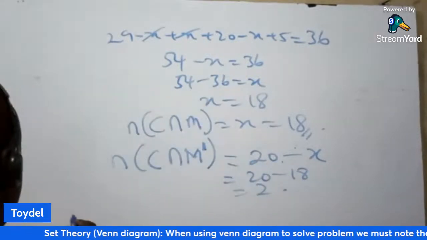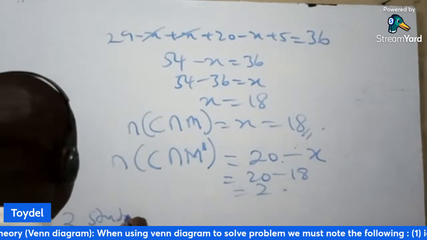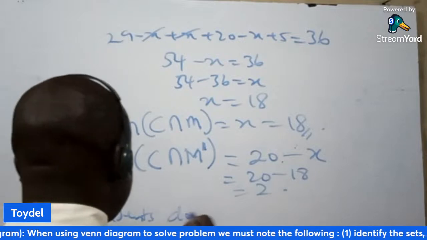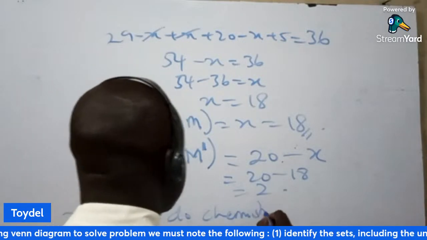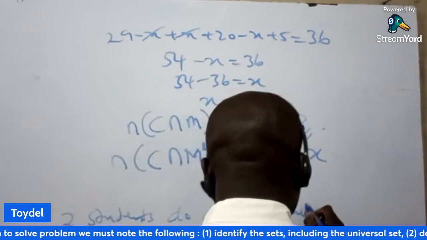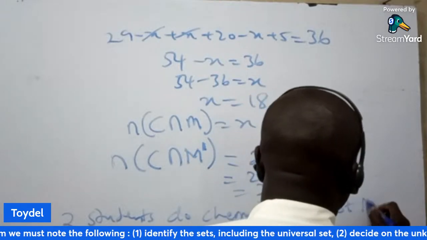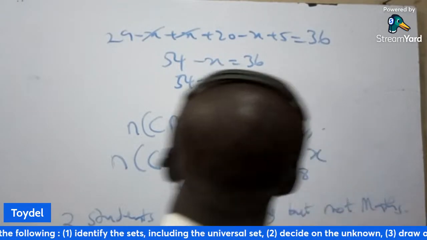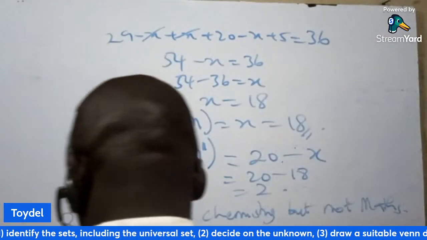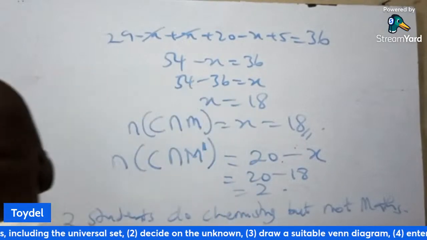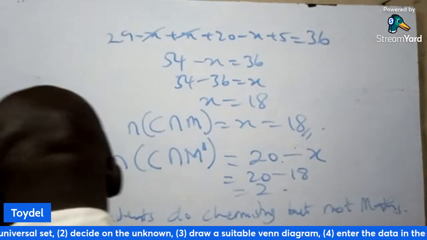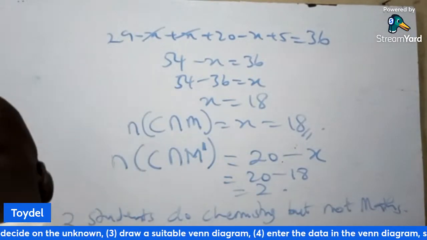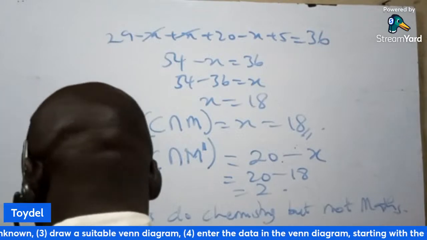So it simply means that only 2 students do chemistry, but not mathematics. So 2 students do only chemistry, but they decide not to do mathematics, and nobody can force them.